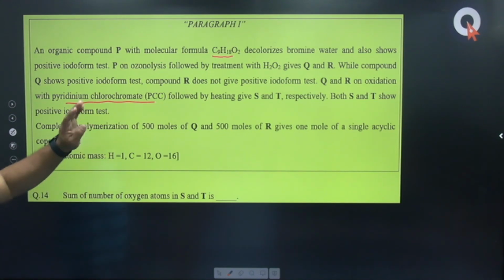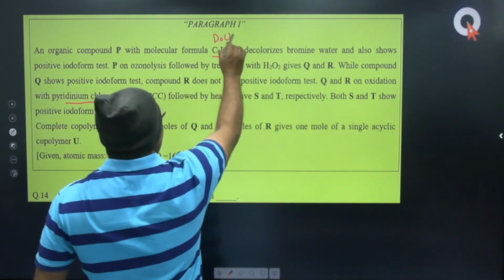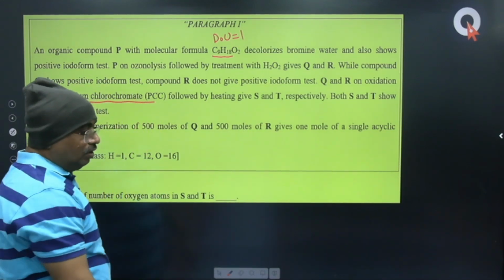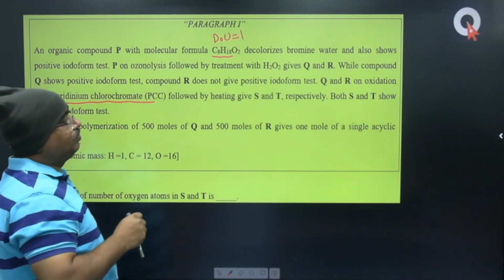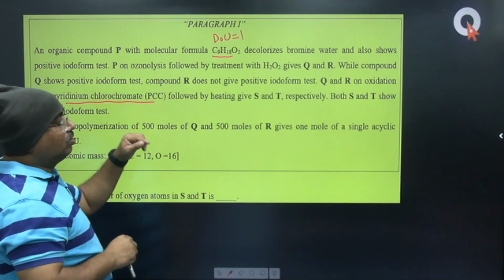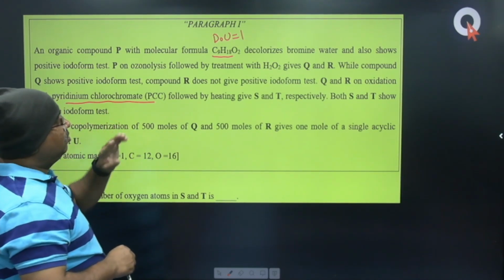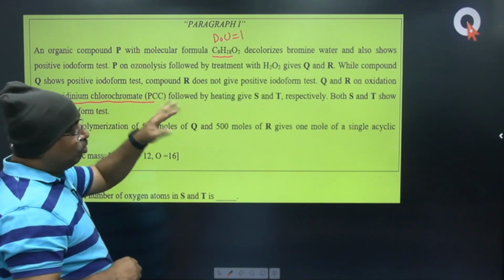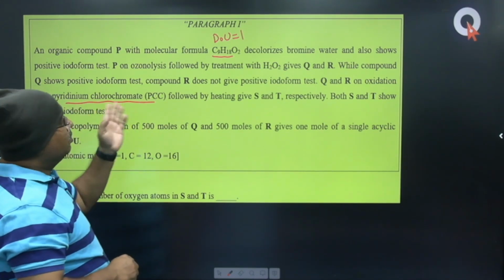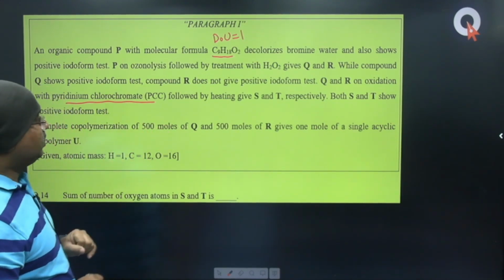So if you just see this basic thing, this has only 1 degree of unsaturation, so it should not be between carbon and oxygen. Then oxidative ozonolysis forms two compounds. Among them, one gives the iodoform test and the other does not. But when both are oxidized and then heated, they give S and T, and both give the iodoform test.